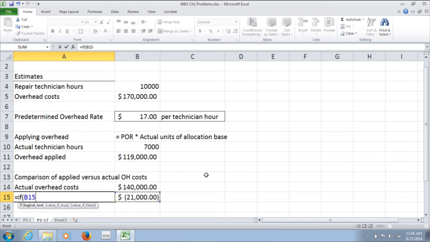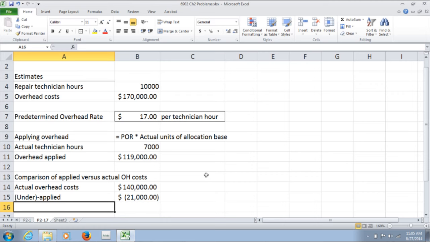If this number is less than 0, then we have underapplied, and otherwise we have overapplied. Or if we've had more than that number in there, then we'll have that as overapplied. So here we've underapplied overhead.